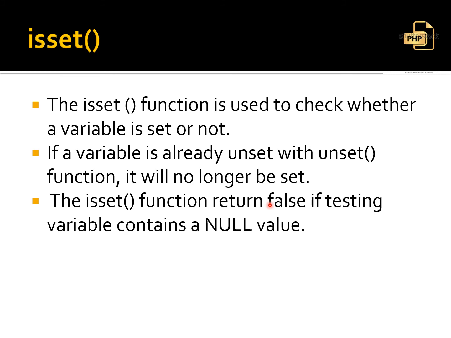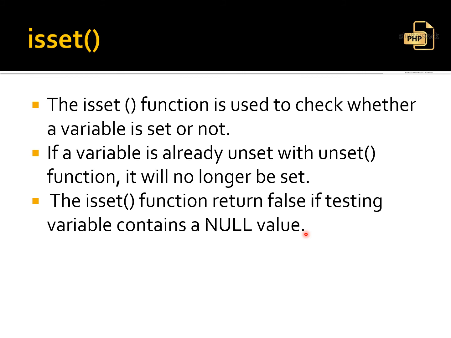The isset function returns false if the testing variable contains a null value, or has a null data type. So isset is used to specify whether a variable is holding a valid value or not.